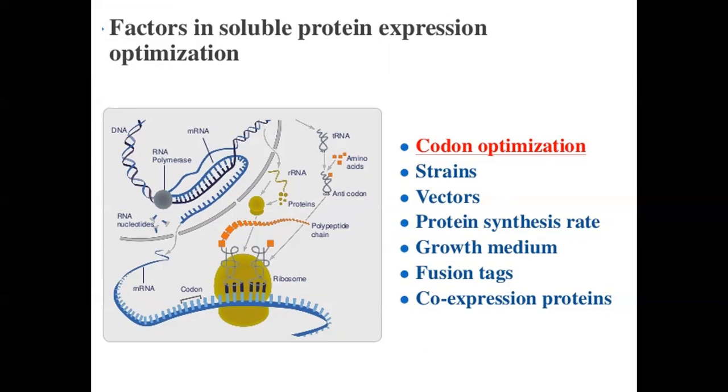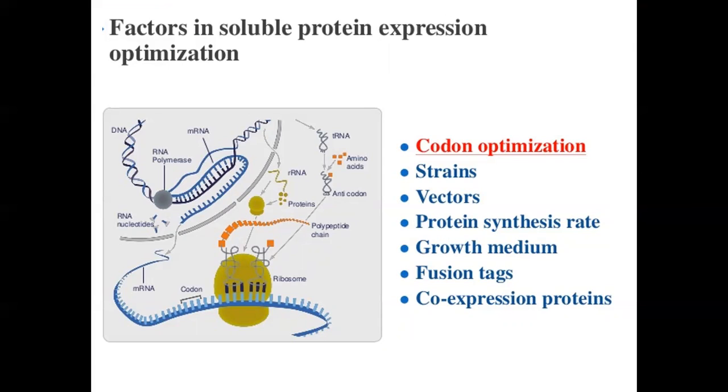For example, bacteria can process and fold 100 amino acids at the same time. But if you're expressing more, and 200 or 500 amino acids come, it is above the threshold of the protein folding machinery.